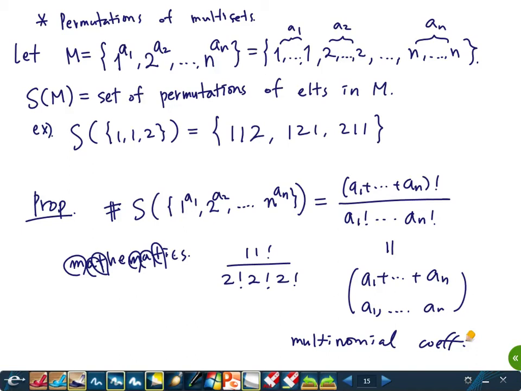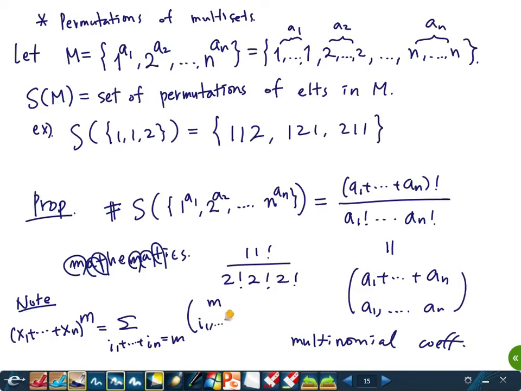And the reason why this is called the multinomial coefficient is that we have a theorem, the multinomial theorem. If you expand this multinomial, then it is going to be equal to the sum over i1 + ... + in = m of the multinomial coefficient (m; i1, ..., in) times x1 to the i1, and so on.